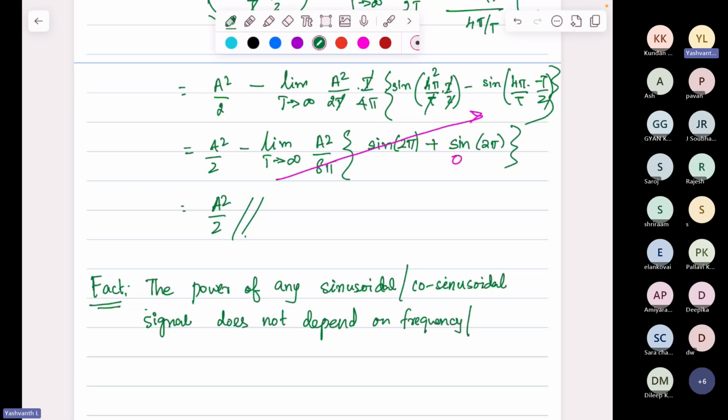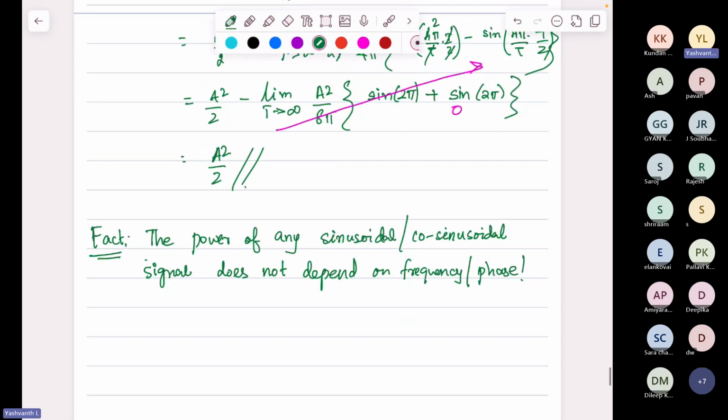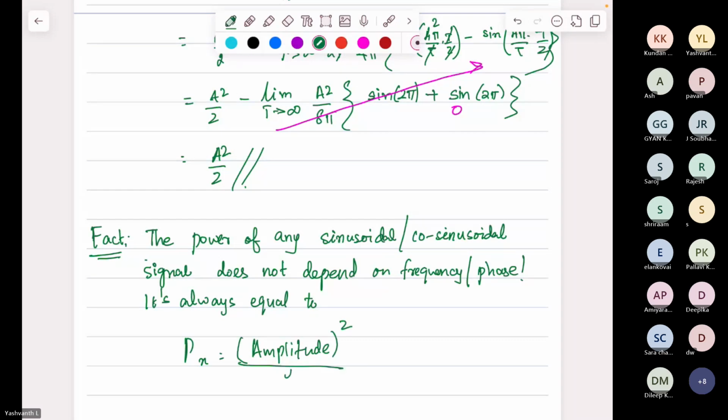I'm saying that power does not depend on frequency or phase. It is always equal to amplitude squared by 2.